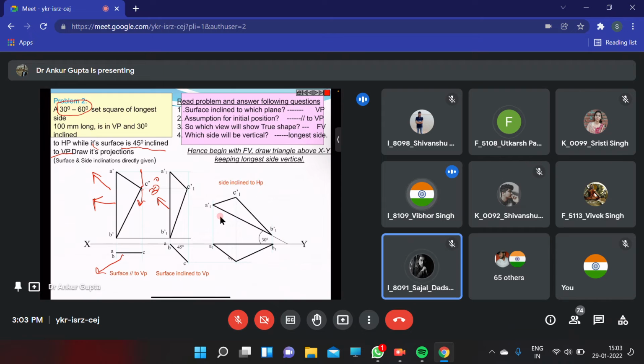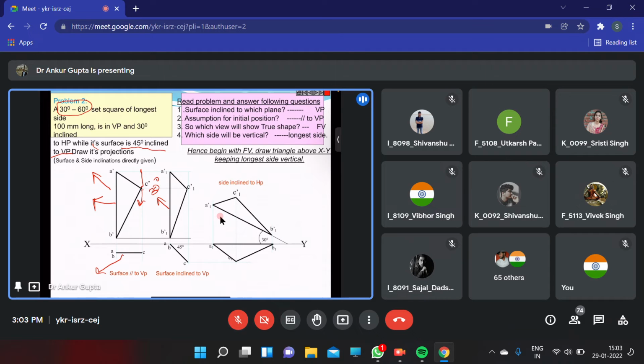Longest side को आप टेबल पे रख दो. और जो थर्ड कॉर्नर वाला बचा उसको ऊपर नीचे कर रहे हो बिकॉज 100 mm लॉन्ग साइड इज इन वीपी. You don't have that much flexibility. वो तो वीपी पे ही रहेगा.